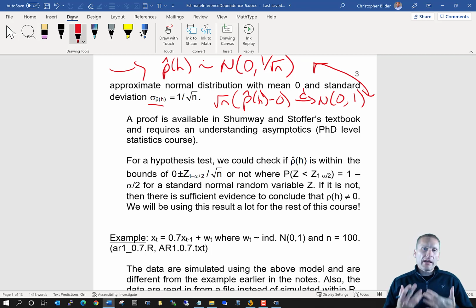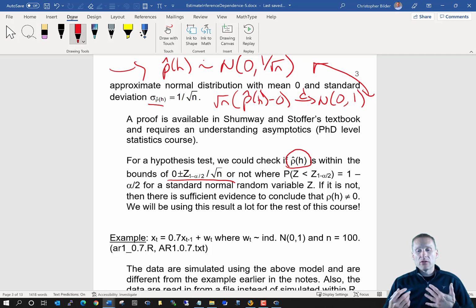Okay, so now that we have the sampling distribution, we can use it for hypothesis testing, just like what I did originally with that sample mean. So what we're going to do is this. We're going to check, is this rho hat of H within the bounds of plus or minus the 1 minus alpha divided by 2 quantile from the standard normal divided by the square root of n?